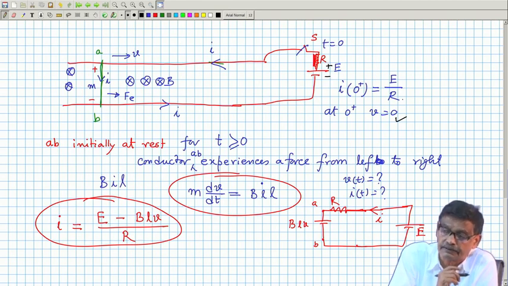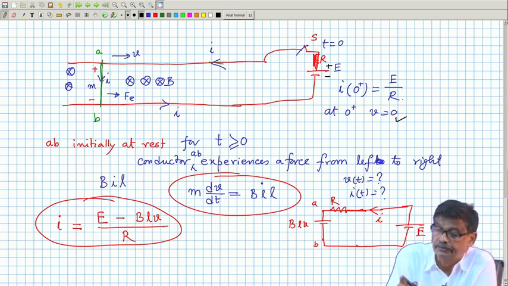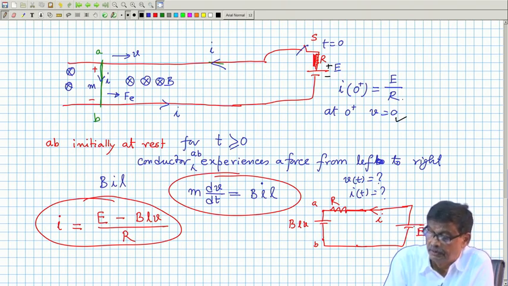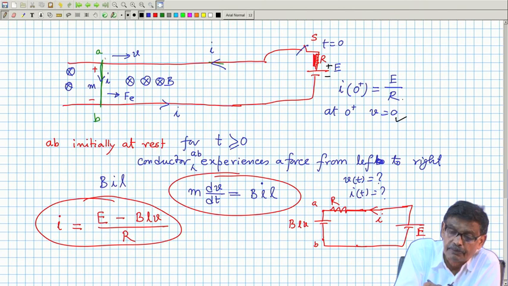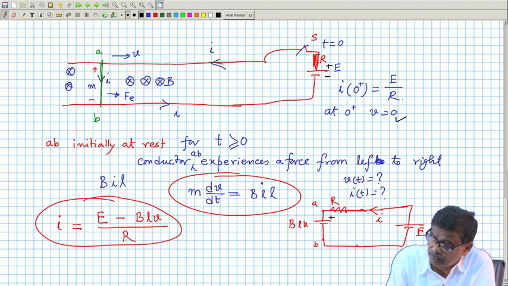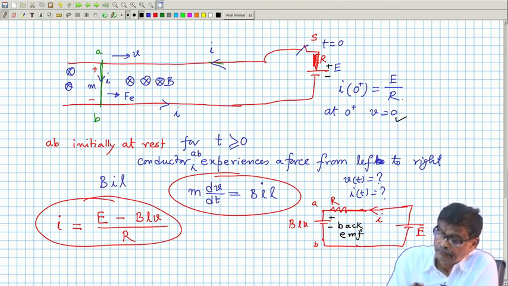Therefore, at time t greater than 0, it is not only this external voltage, but there will appear another source of EMF across AB, which I have shown by this battery, and this voltage is often called back EMF. Therefore, at any time t, the current in the circuit will be (E minus BLv) by R, and M dv/dt is equal to BIL.